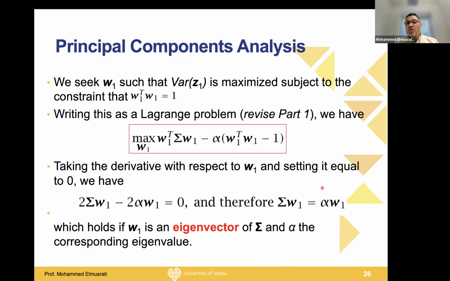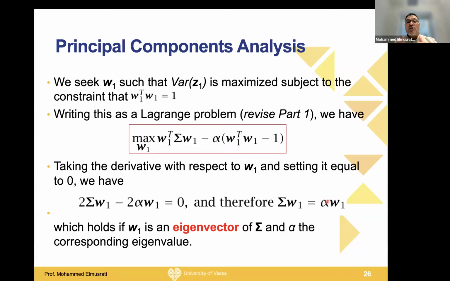Then the solution of this problem is that alpha is the maximum eigenvalue of the matrix Z, and W1 is the associated eigenvector with this eigenvalue. It will be simply like that. So now we solve the problem.